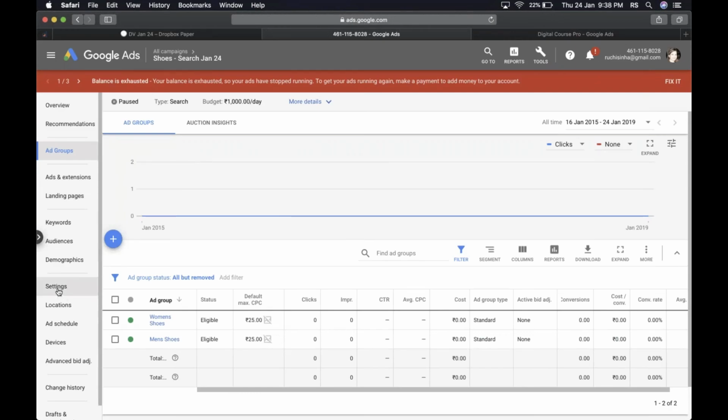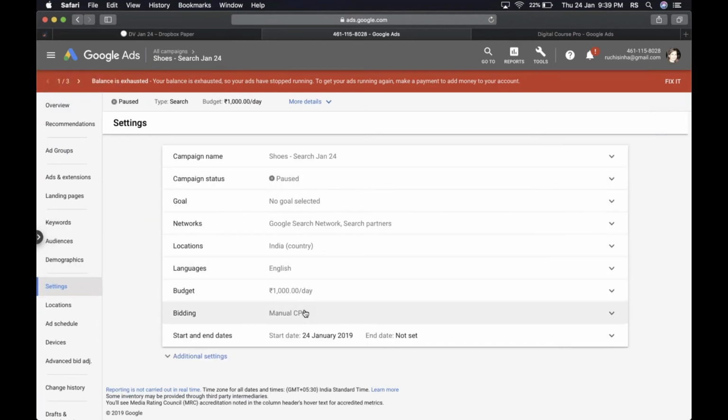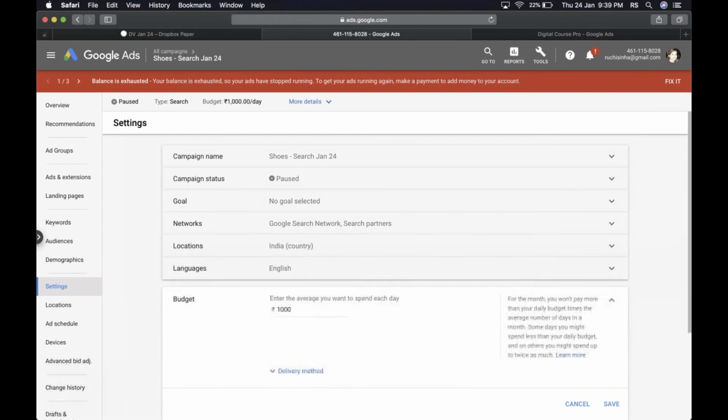If you can't find this button, just in case, you can also go to campaign. See where I am, all campaigns within this campaign. You should be within this campaign. And then I will go to settings on the left hand side. See here, settings. See, these are the things which we had chosen. And see, this is where you can go and change anything. I want to change this 1000 to 2000, I can simply change it here.